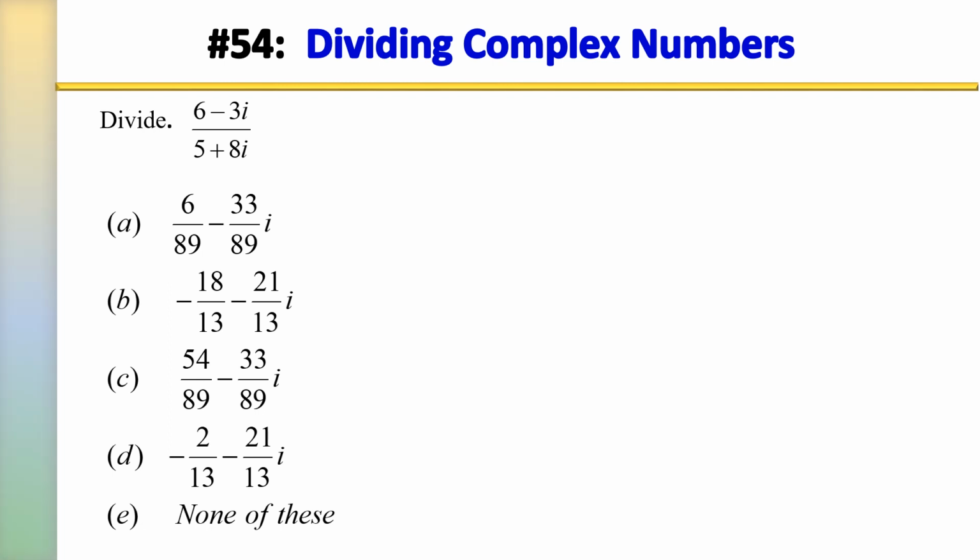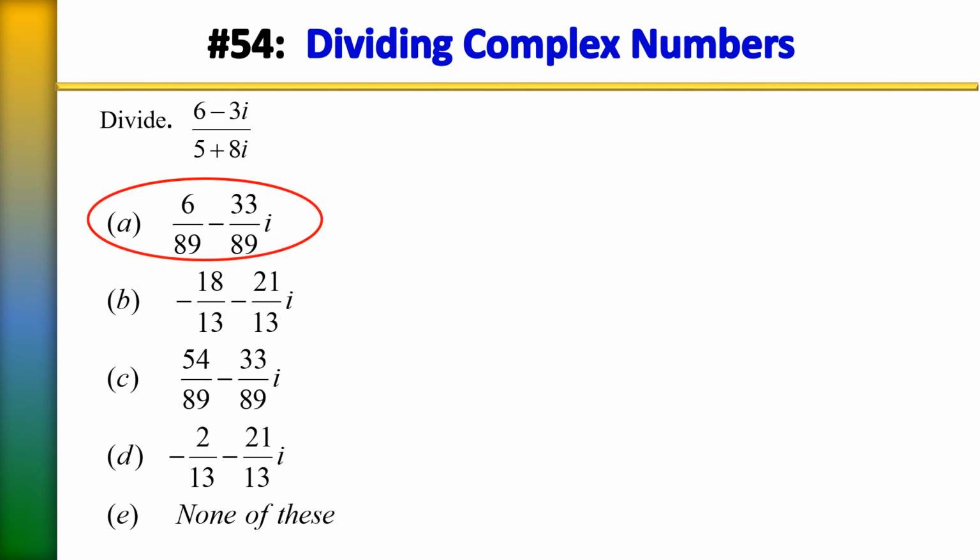Number 54, divide. So what is the correct answer? Choice A. So recall when you're dividing complex numbers, you need to use a process called rationalization. And so what that means is you're going to multiply the top and the bottom of this expression by the conjugate of the denominator.